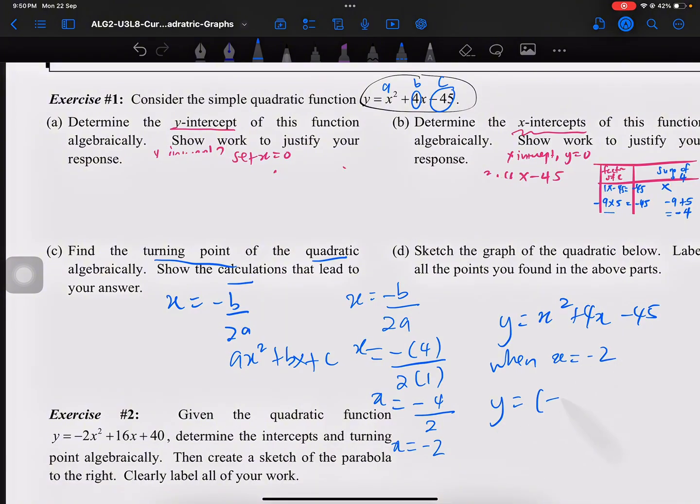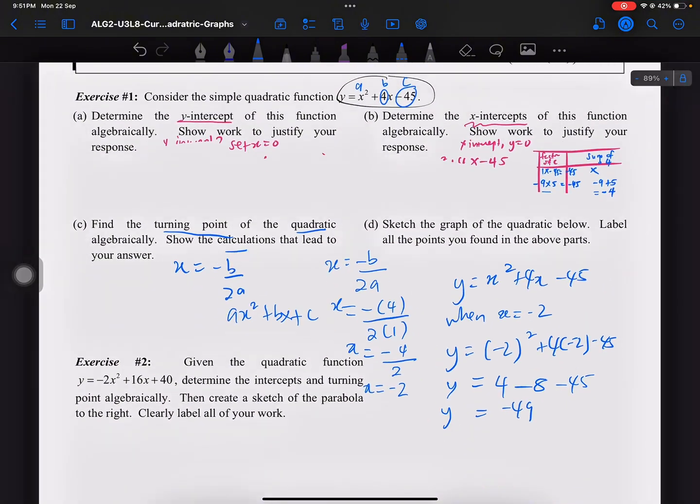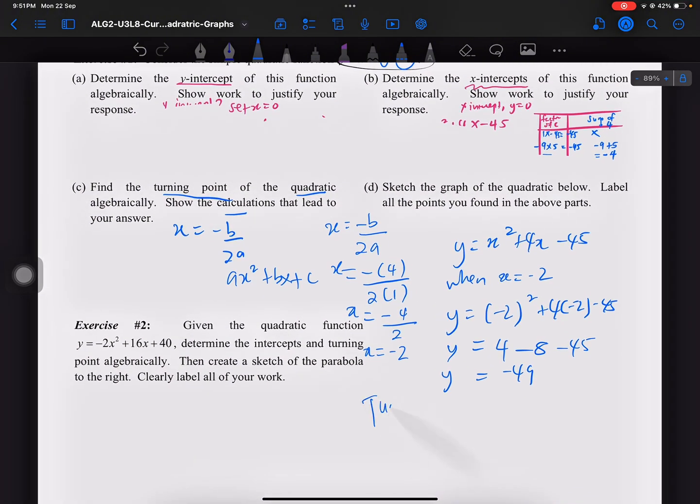I substitute negative 2 into this equation. My y is 4 minus 8 minus 45, so y is minus 49. So my turning point is (-2, -49).